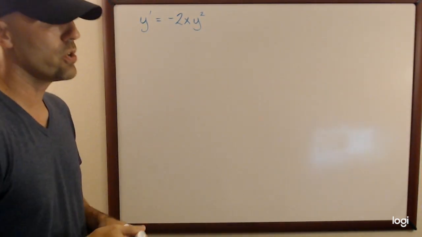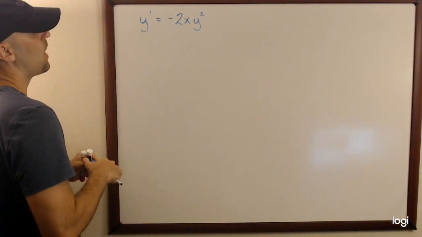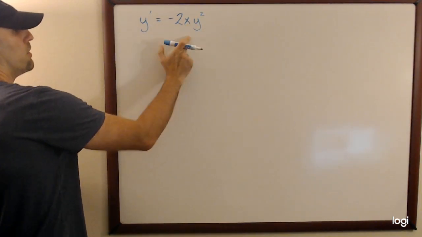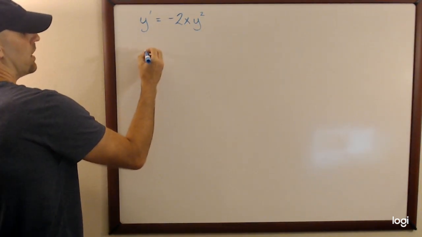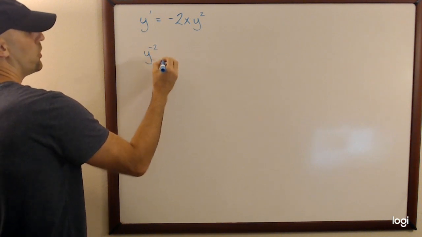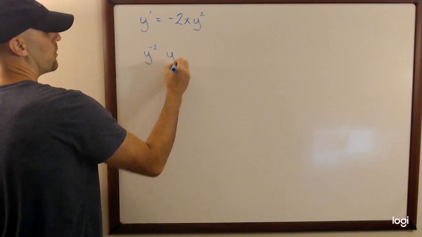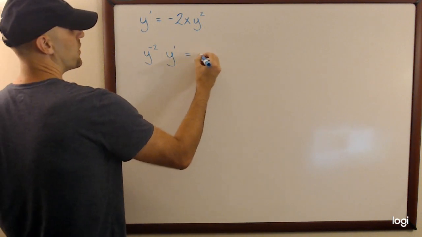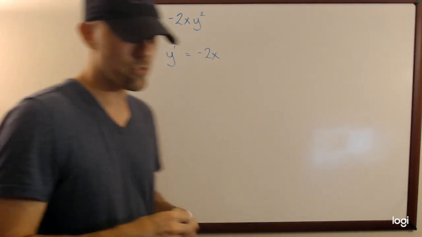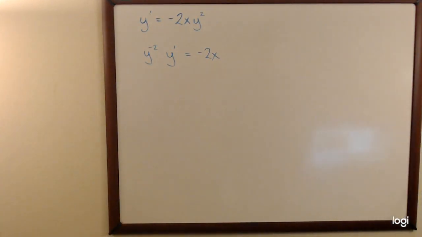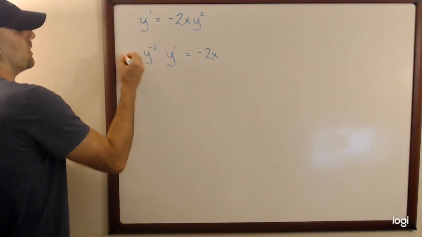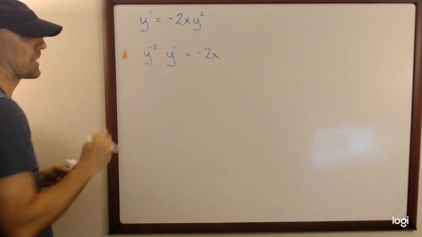What I can do is I can take my y squared here, I can move this to the left, giving me y to the negative 2 times y prime, and that's equal to negative 2x. And I'm going to put an asterisk next to this step because we're going to have to come back to this in a minute. Okay, so just duly noted, I have to come back to that in a second.